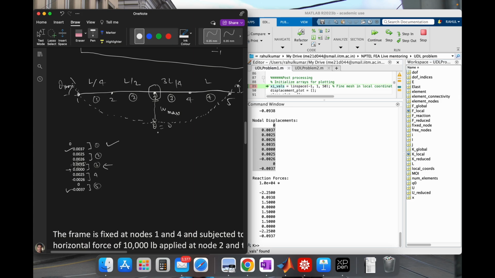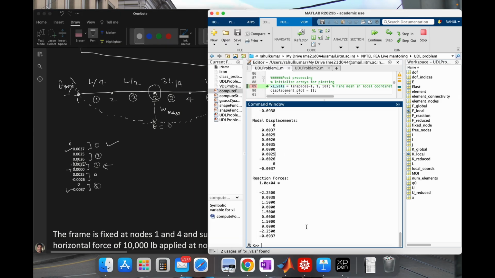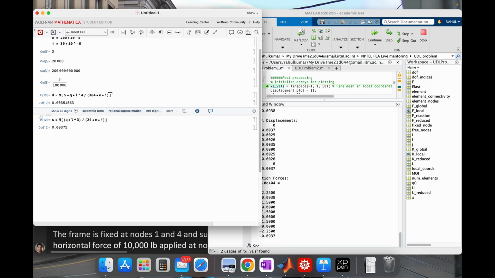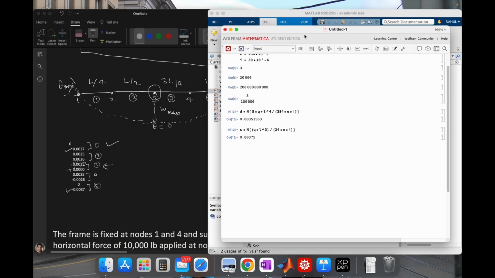Let's try to substitute with our analytical solution. We already saw that the length of the whole beam is 3 meter, Q is 20,000, and this is the modulus of elasticity and moment of inertia. When we find the value, that is 5WL raised to the power 4 divided by 384 EI, we are getting 0.0035163.